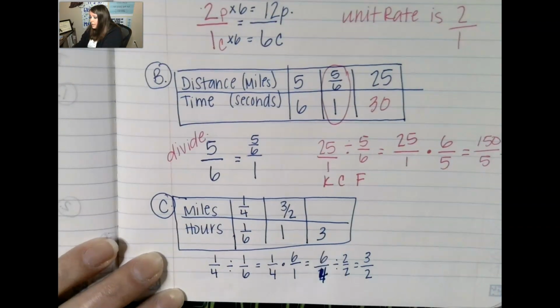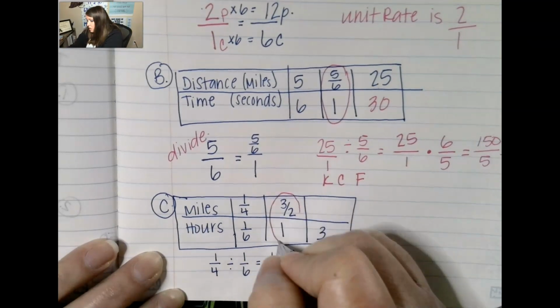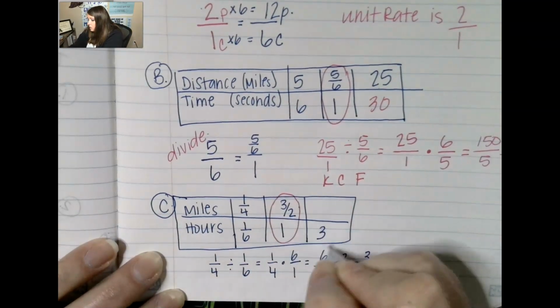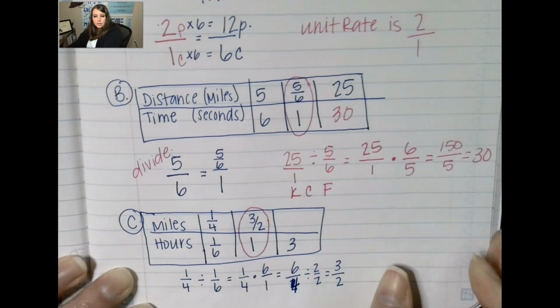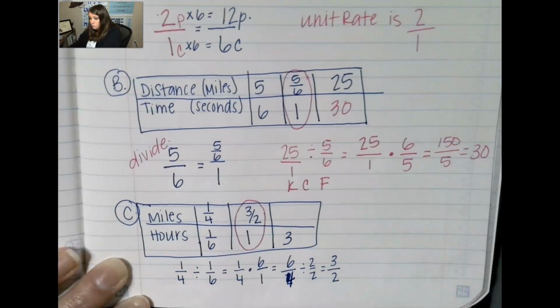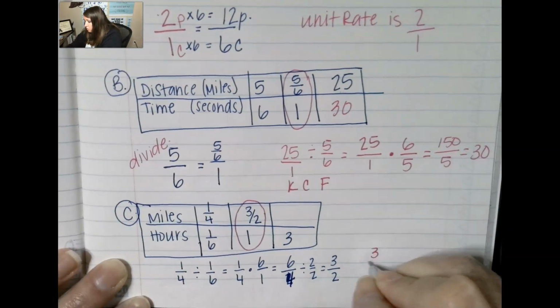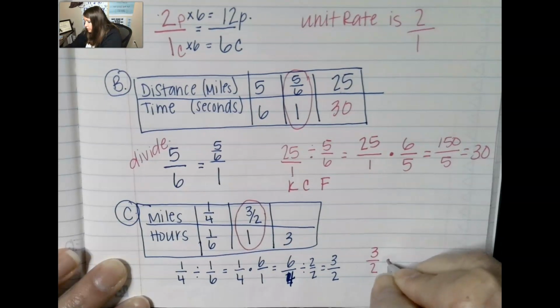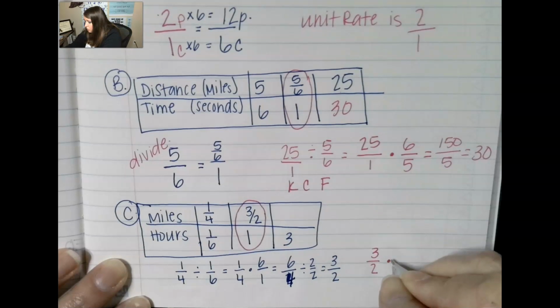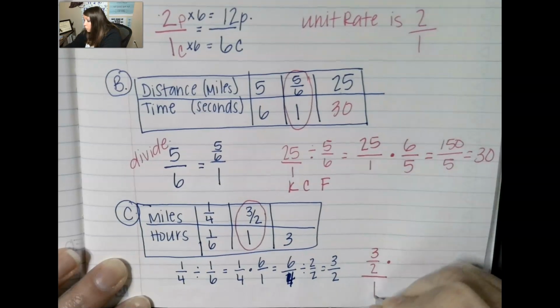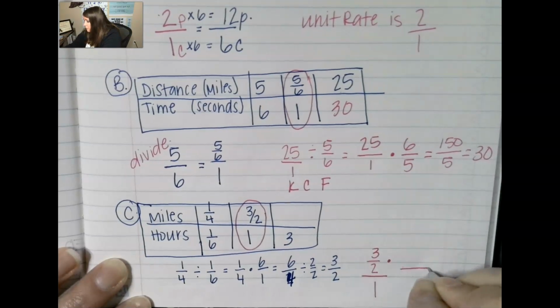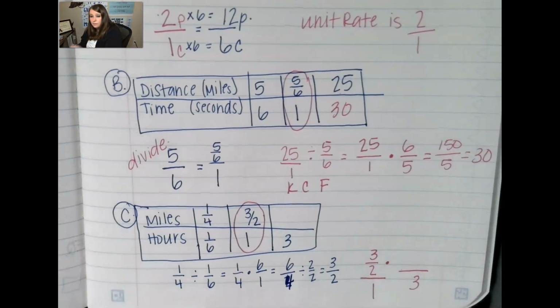So how much in 3 hours? Now that I know my unit rate, I can use this and multiply it by the 3. So 3 over 2 times something over 3.